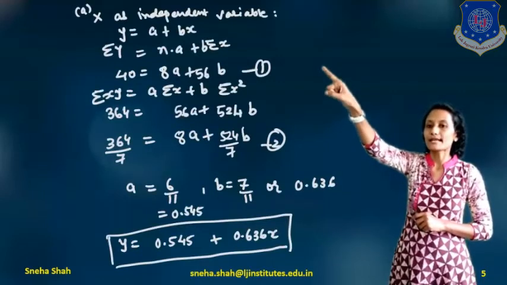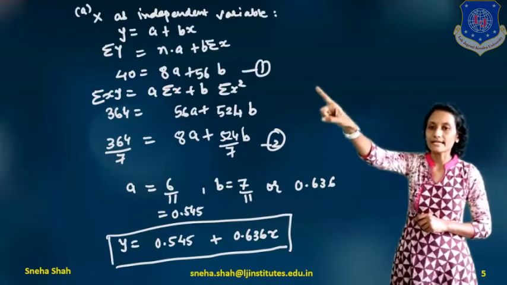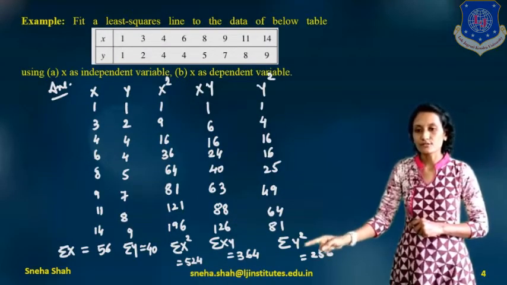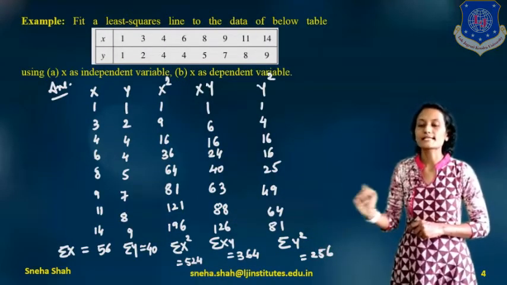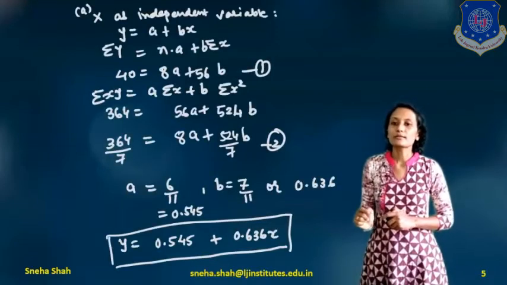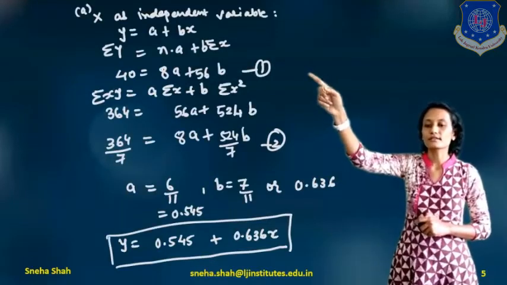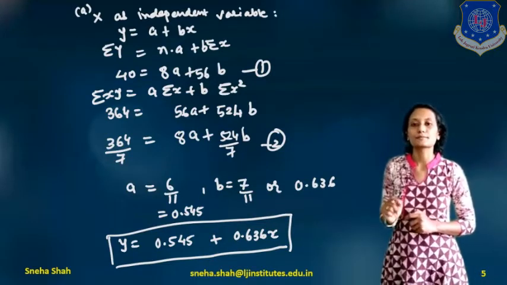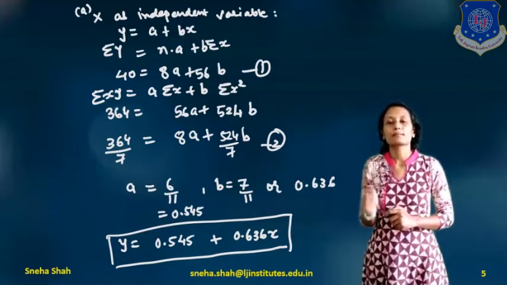So the equation will be 40 equals 8a plus 56b, because summation y equals 40 and summation x equals 56. So this one is equation number 1.